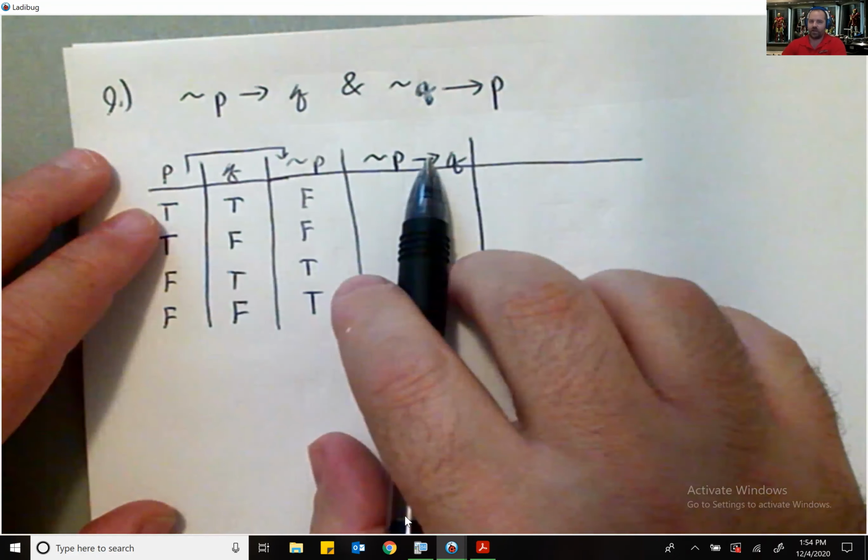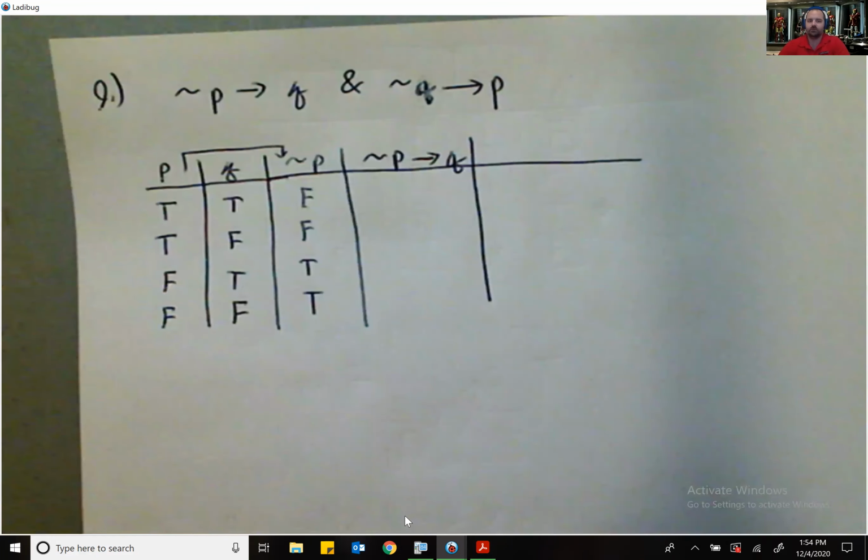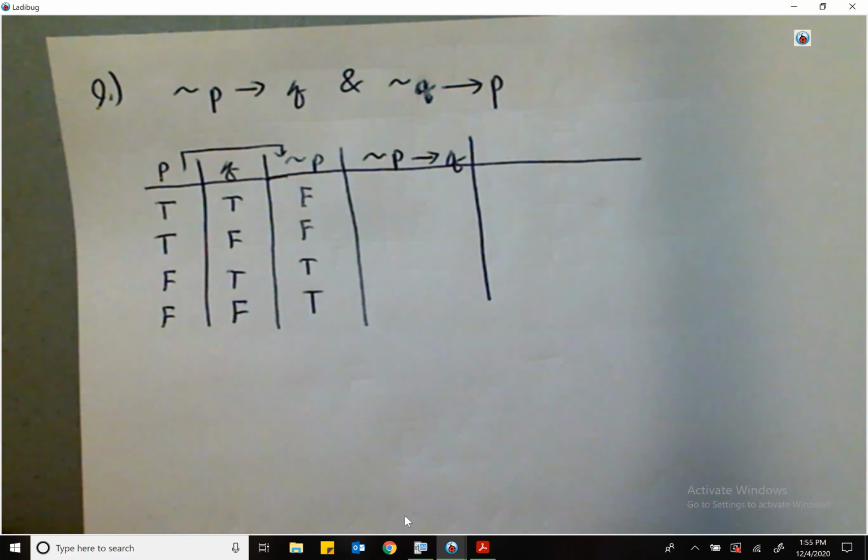Conditionals, you have to be careful because they are only false when what happens? This is the one you got to be really careful on. When the antecedent is true and the consequent is false.